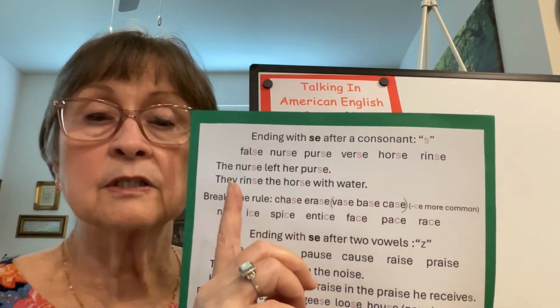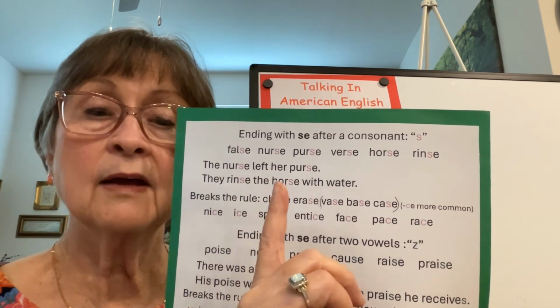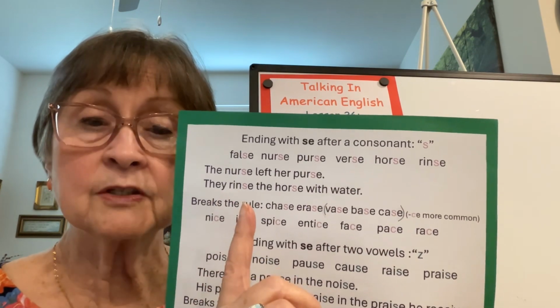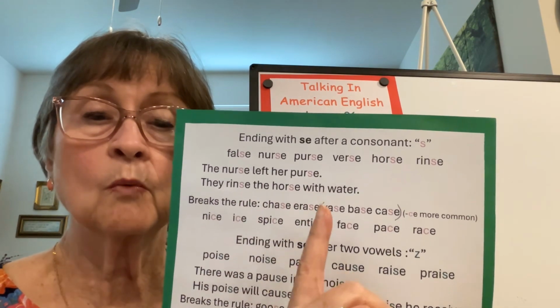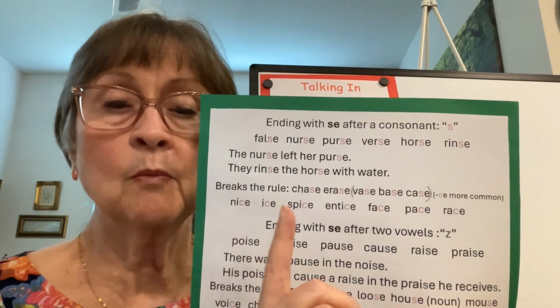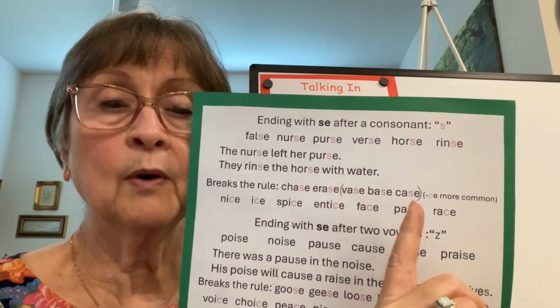As in these sentences, the nurse left her purse. They rinse the horse with water. Now, there are a few words that don't break the rule and then a few that I want to point out separately.